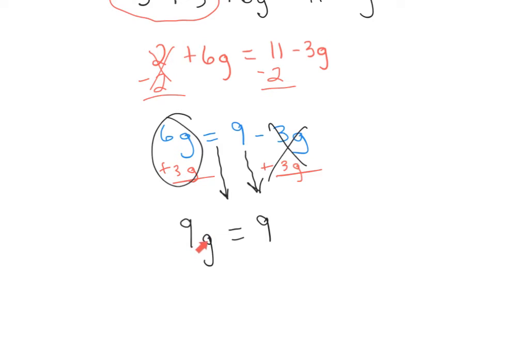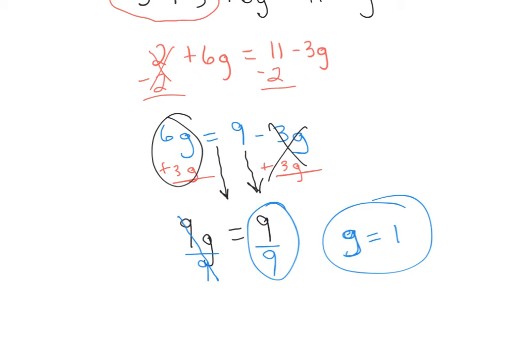Well, these two are multiplying. The opposite of multiply is to divide. So I'm going to divide 9 on both sides. Be sure you don't say divide 9g on both sides. You're only dividing 9, so the g will stay there. These 9s cancel, and that leaves me g equals whatever 9 divided by 9 is, which is 1. So there's my answer.